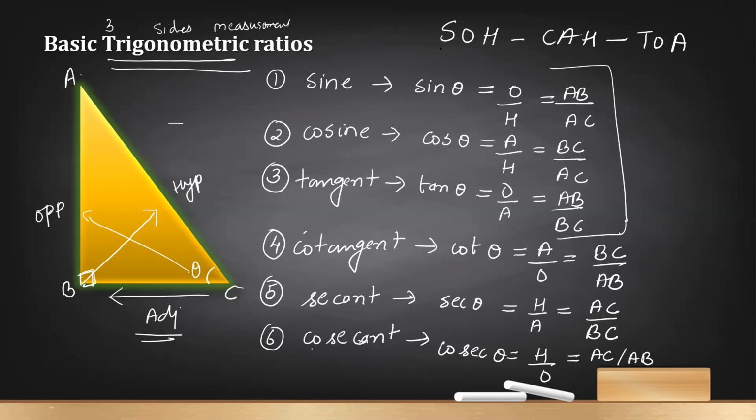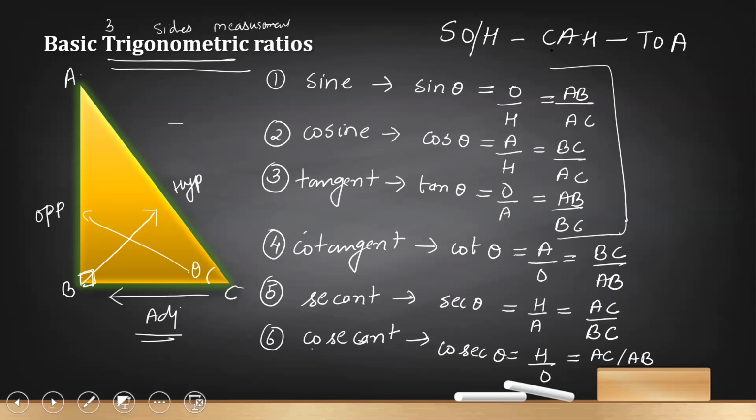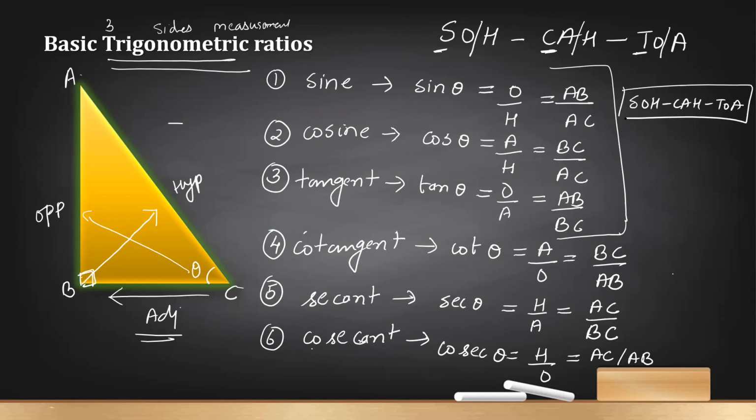S stands for sine, opposite upon hypotenuse. C stands for cos, adjacent upon hypotenuse. T stands for tangent, opposite upon adjacent. Now, if you remember the first three ratios, it is very easy to remember the next three ratios as well. I'll tell you in the next slide.